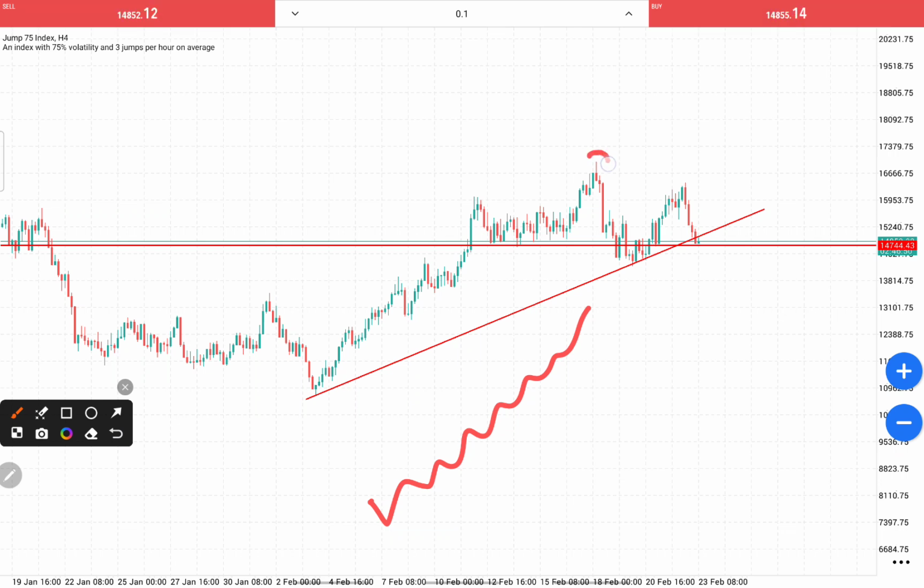Example is this and this. First of all, the market rejected the buy. The market was buying to the upside. Then there was a rejection, a weak rejection, then followed by what?